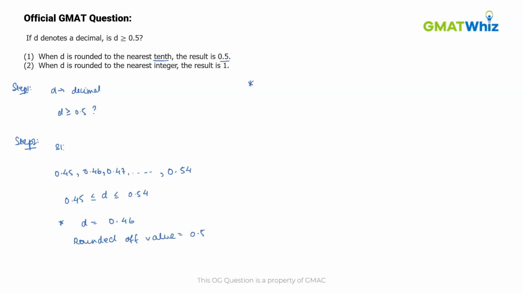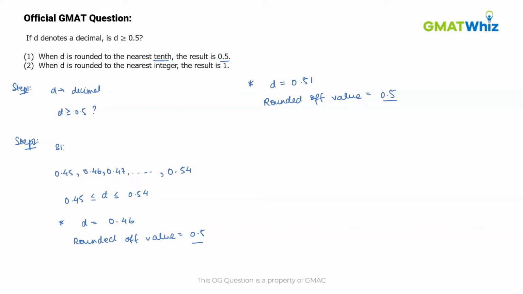Another case is when D is equal to 0.51. In this case, the rounded off value will also be 0.5. So in both cases, the rounded off value will be 0.5.